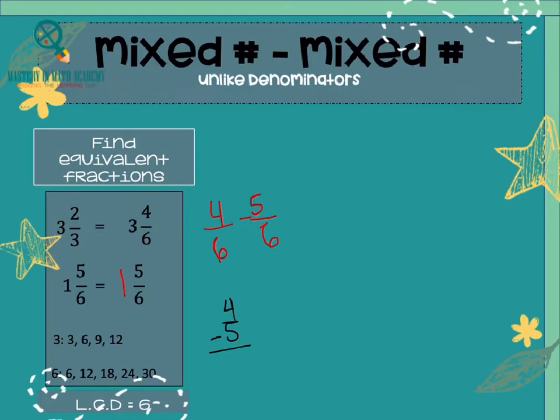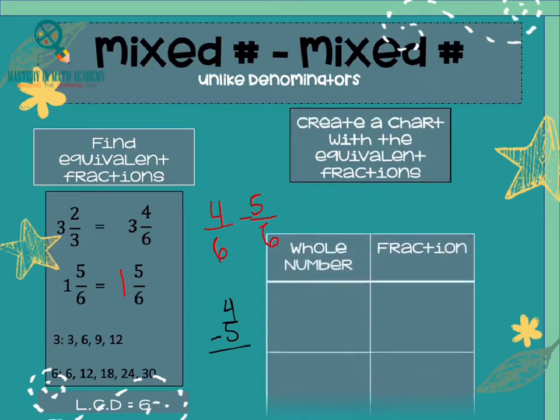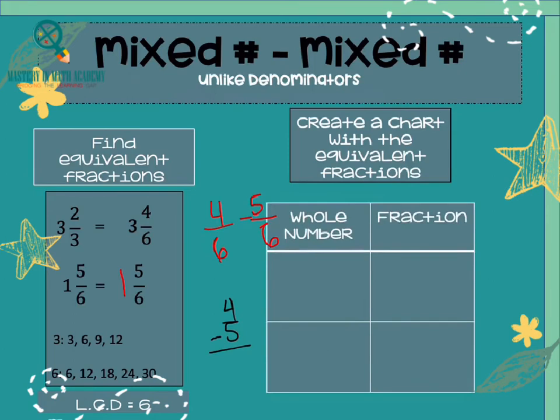So, because we're not doing that, we cannot take away a big number from a small number, which is why we are going to create a chart with our equivalent fractions, and we're going to label it whole number world and fraction world, where you put whole numbers in whole number world and you put fractions in fraction world.